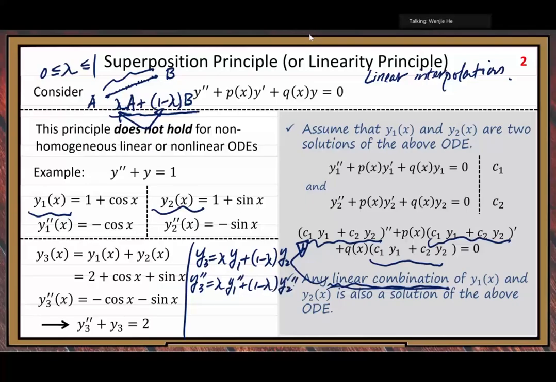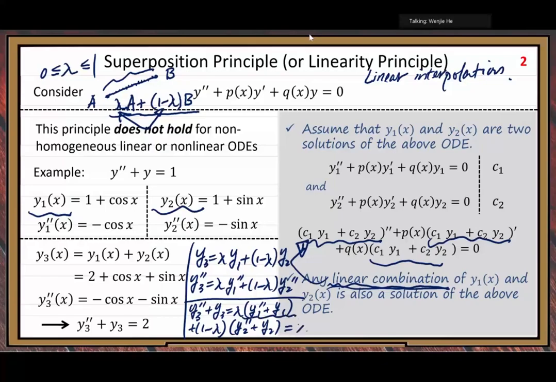Then you add up y3 double prime plus y3, which equals lambda times (y1 double prime plus y1) plus 1 minus lambda times (y2 double prime plus y2). Each of those sums equals 1, right?